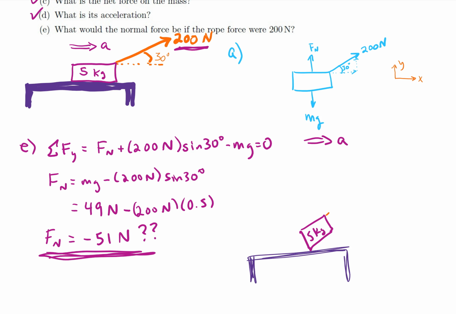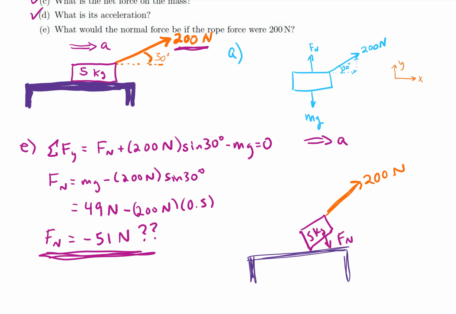The person is pulling on it. Soon it's going to just fly right up off the table. And so this negative 51 newtons is not really physical in this situation. That's like if you needed Velcro to keep the block stuck to the table, which is what we're assuming.